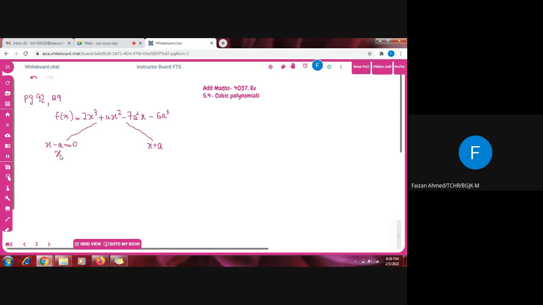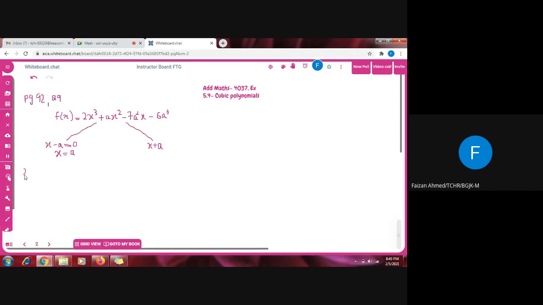When x minus a equals 0, the value of x will be a. And when I have the value of x, I will put this value back in the given polynomial and see whether the remainder is coming out to be 0 or not. If the remainder is 0, then this is a factor, and if it is not 0, then it is not a factor. So I have x equals a, so I will put x equals a in this polynomial.